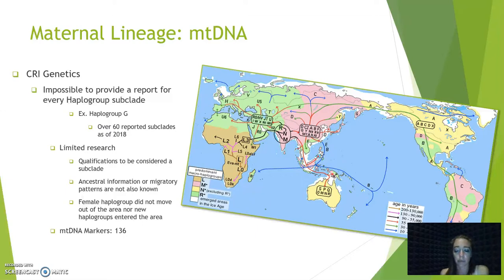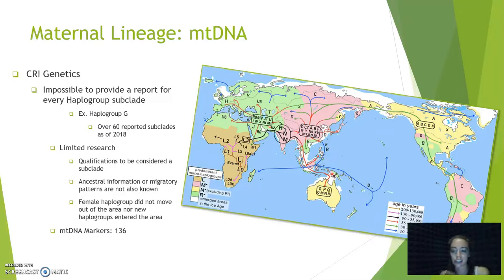We do have limited research in terms of qualifications to be considered a subclade. Ancestral information or migration patterns are also not known for everyone. But again, with technology and the science and the interest, this is growing rapidly, and time will tell and give us more information.